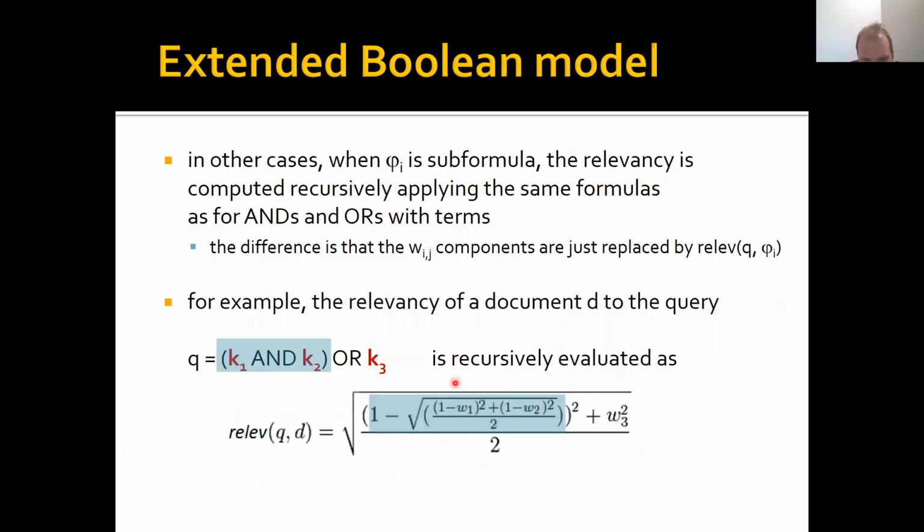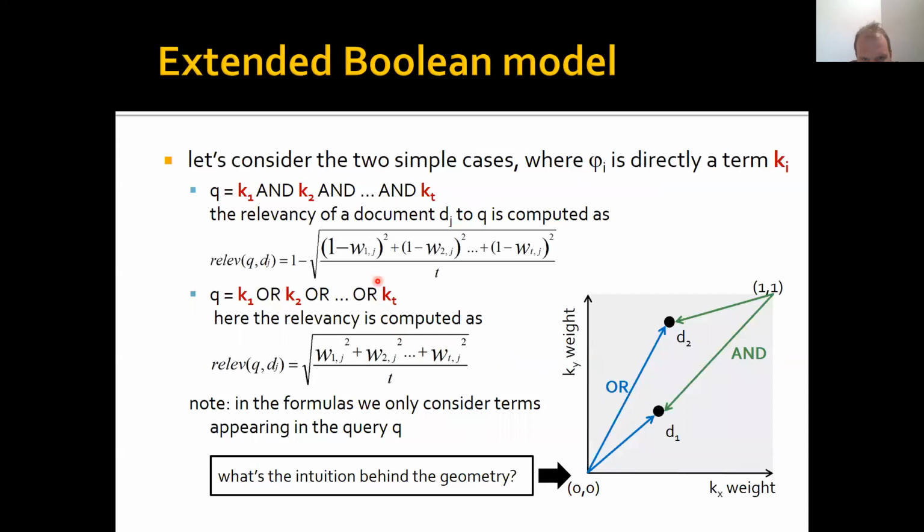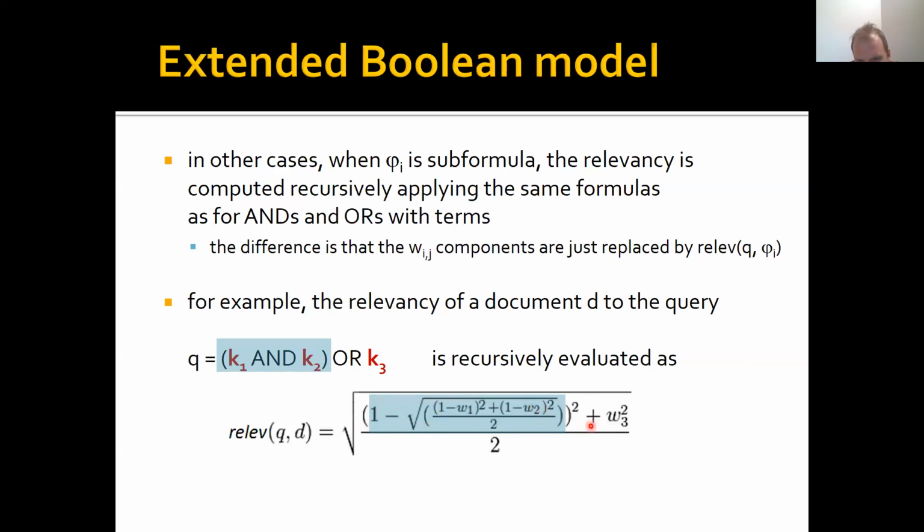We will evaluate the nested expression, this AND clause, and then apply it to the disjunctive, meaning using this entire thing in place of this one weight, and we get this plus the second plus the third, divided by 2, because these are two members of this disjunctive form. But recursively, it could really expand if we have nesting in the expression. It will be quite a large formula for this relevance.